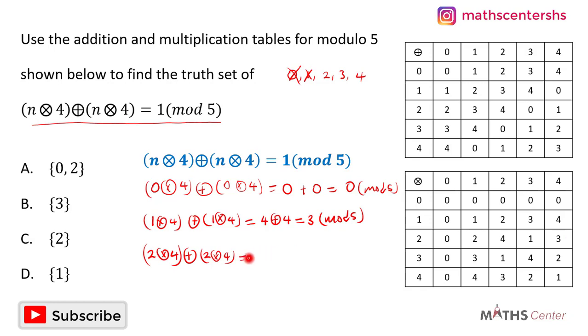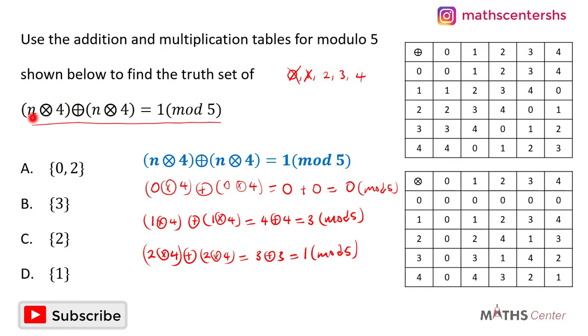And so this will be equal to 3 plus 3. We go to the addition table and find 3 plus 3. 3 plus 3 will give us 1. And so this will be equal to 1 in mod 5.